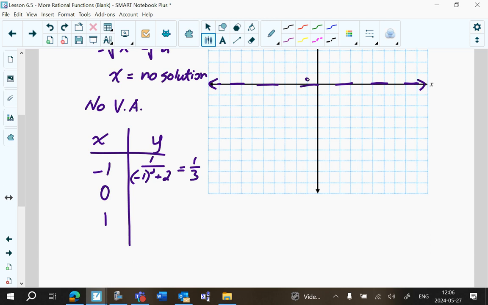One over 0 squared plus 2 is 1/2. And this is going to be 1/3 again. And because of the horizontal asymptote, we know it's going to approach the asymptote, right? So it's actually going to look like this.